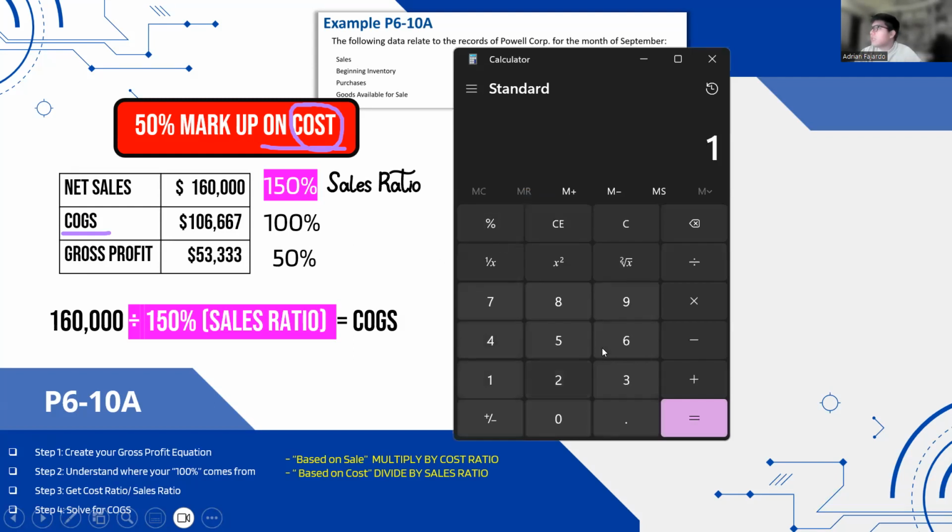So, 160 minus 106,667 is 53,333. So when we test this, yung gross profit of 50%, it should be 53,333 divided mo by 106,667 is equal to 50%. Right.